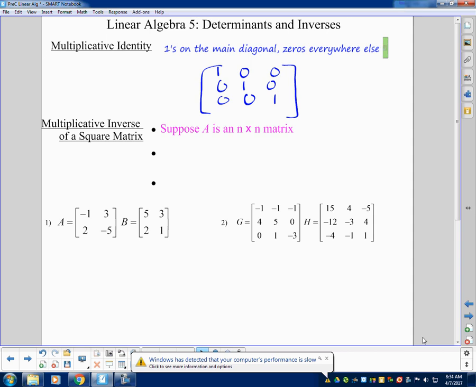Suppose A is an n by n matrix. So n by n means it's square. So we're talking about square matrices. I kind of tried to break this into 3 different points here. If, and that symbol means there exists, if there exists an n by n matrix, say A to the negative 1, we call this A inverse.